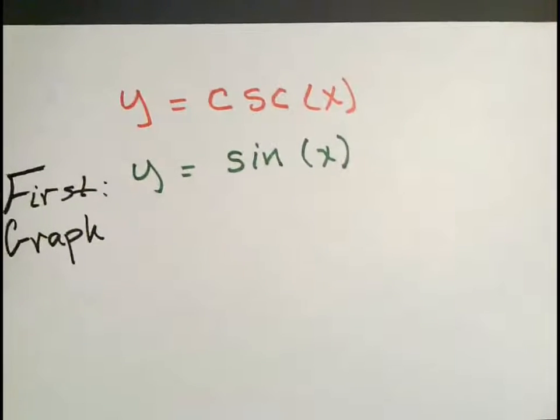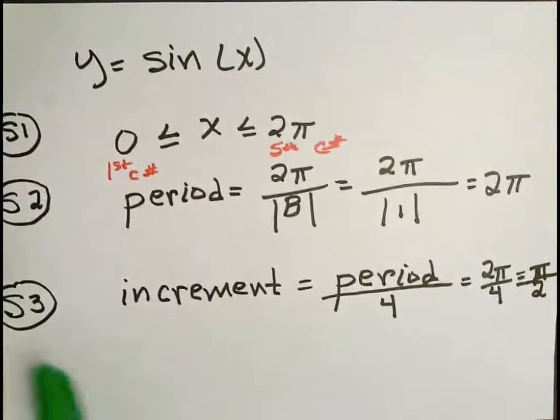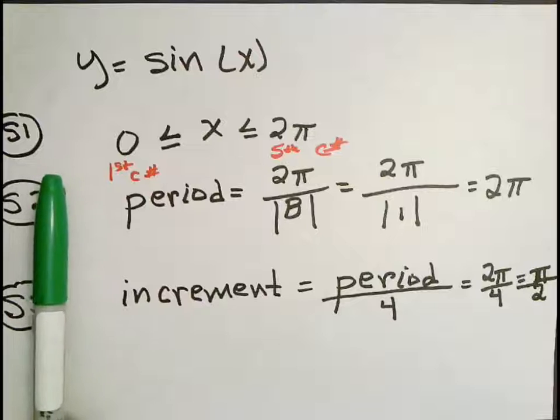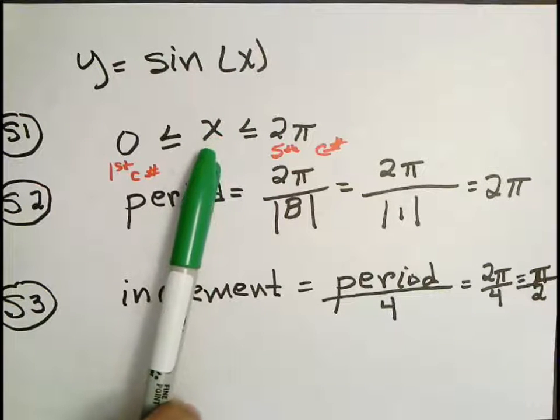So the very first thing that we're going to do, we're going to graph y equals sine of x, so we can find out where our vertical asymptotes are. So we're going to use our 5-step procedure. Our bx minus c is x. We want to get x all by itself in the middle, and it is.